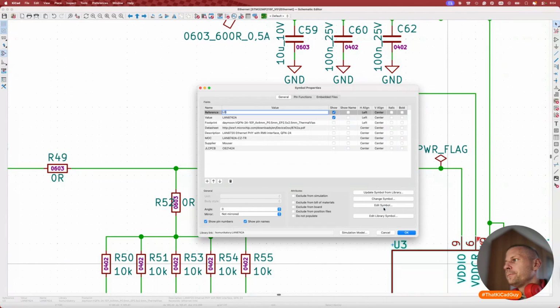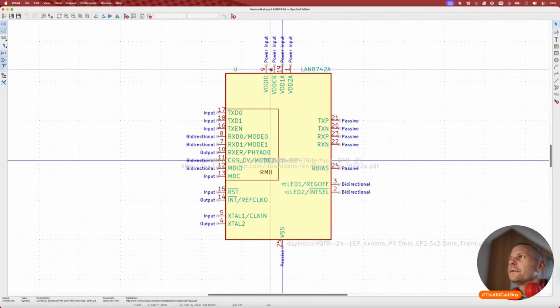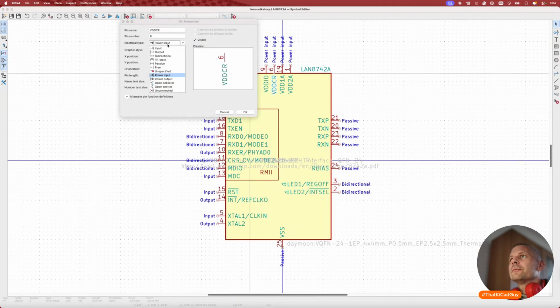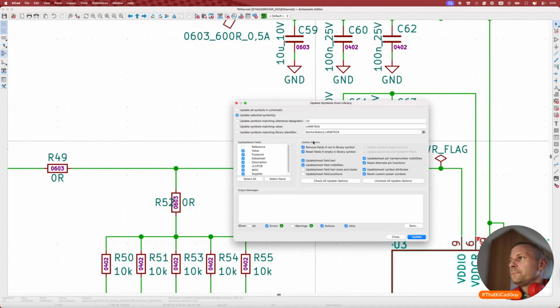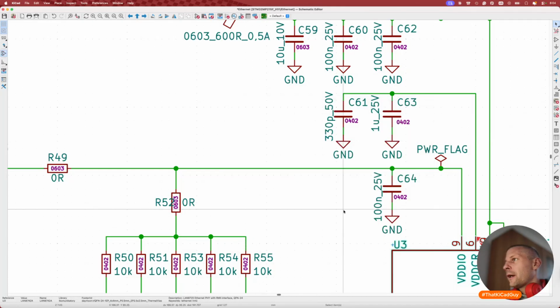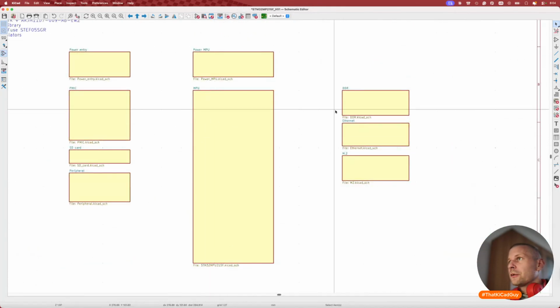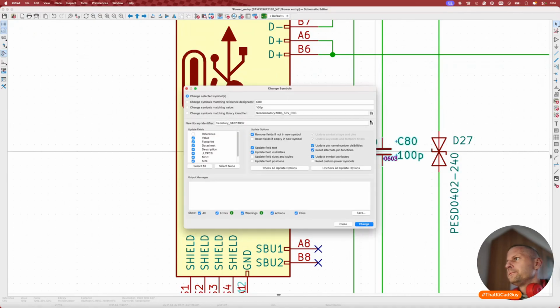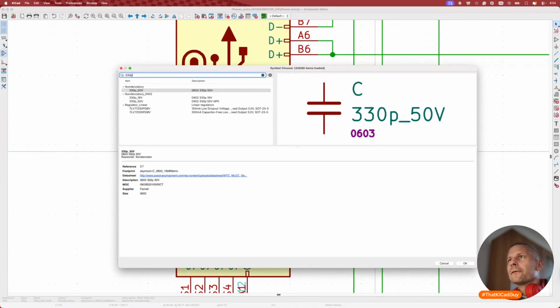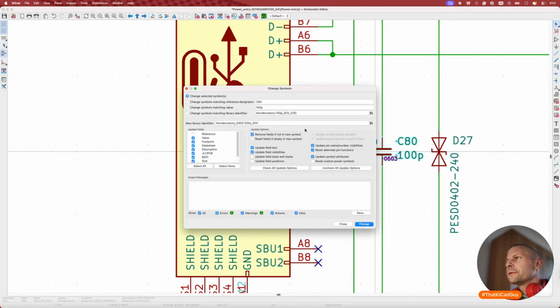Yeah, and let me correct that. It's not power output, it's output. It can be both input and output, so I will set passive. And I'm going to change the power entry. Probably this one.